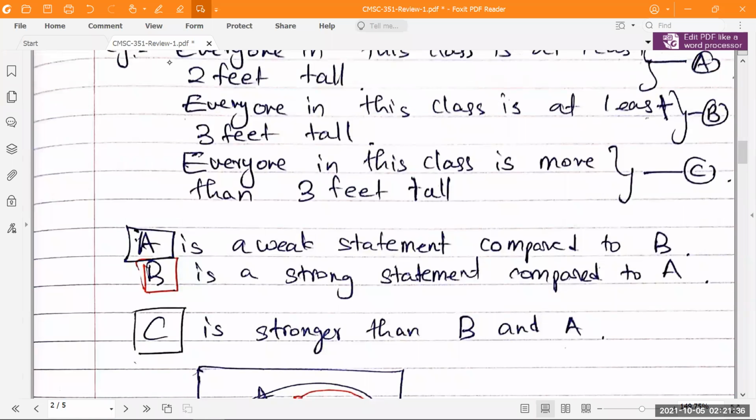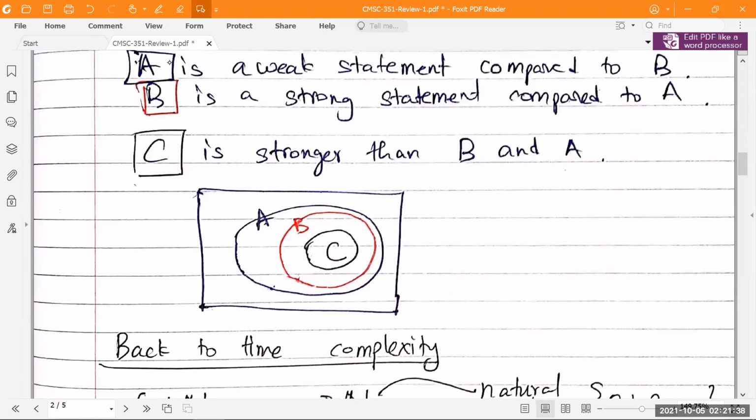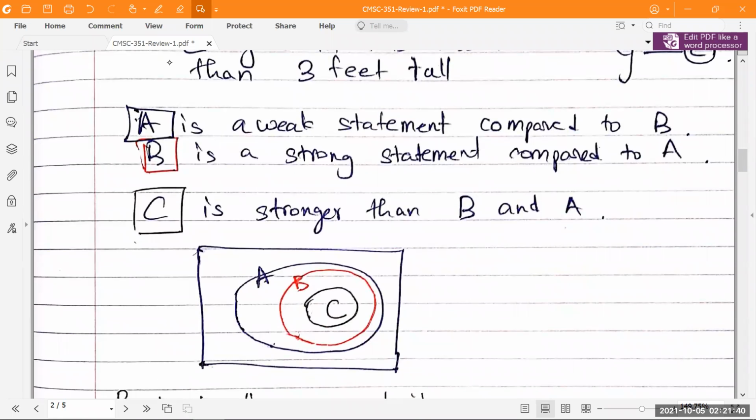I'll show you this picture to explain what a weak statement and a strong statement is. So think of it this way. A, B, and C are sets that are defined by these statements. The elements of these sets are different classes.